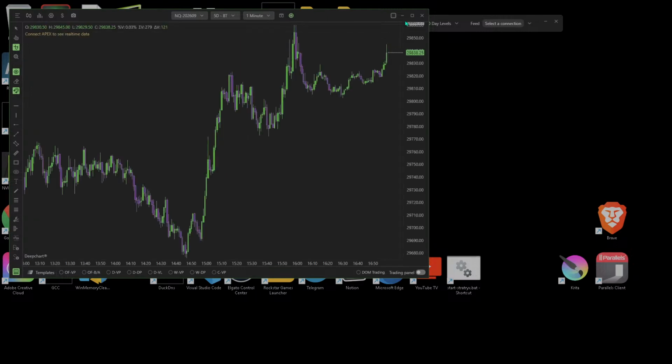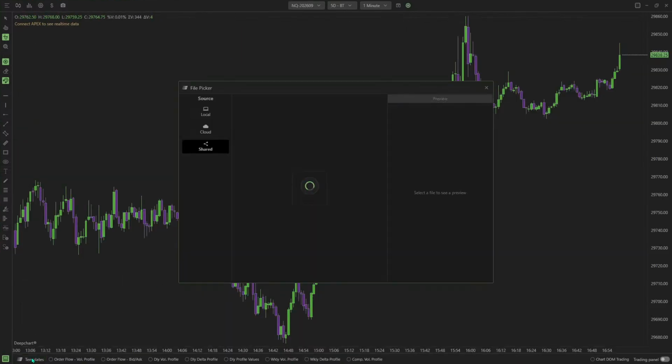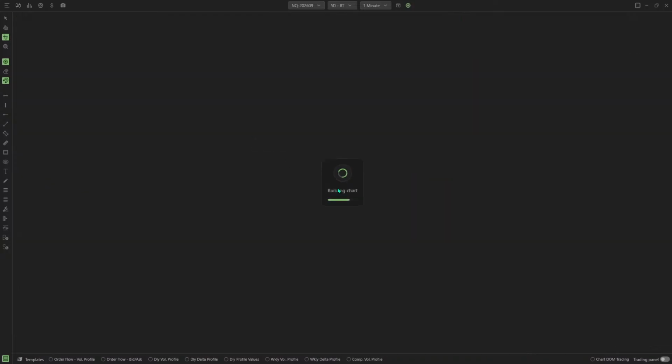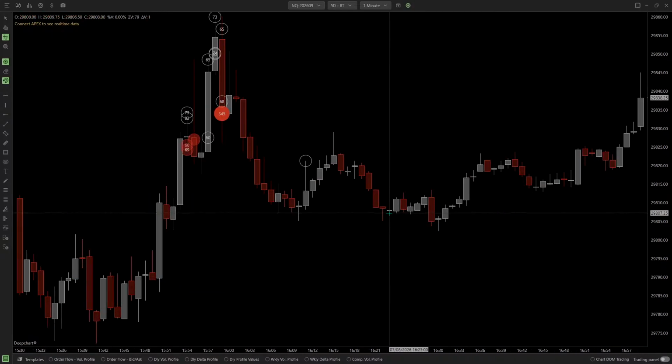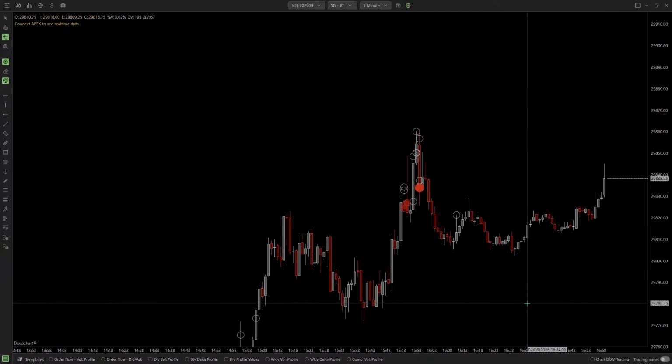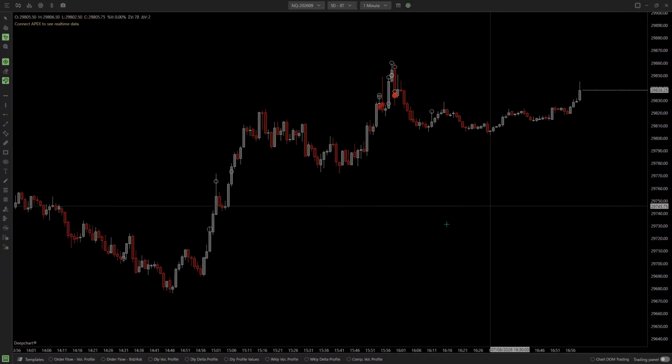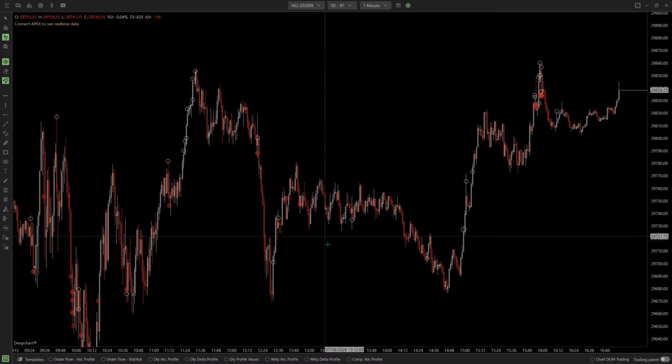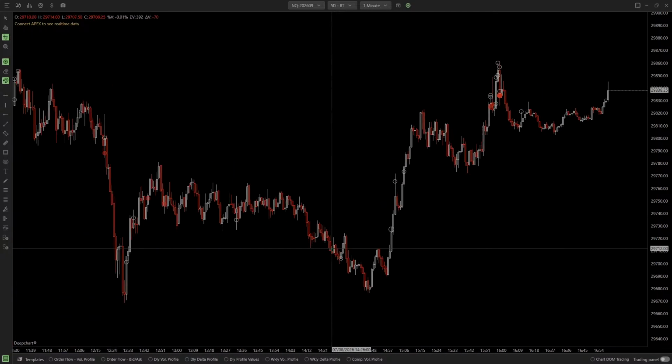Defaults to 5 minute, 1 minute. We're gonna put on this template that I like to use, like the colors. We have some more context, some big trade bubbles. All right, so this is our chart.